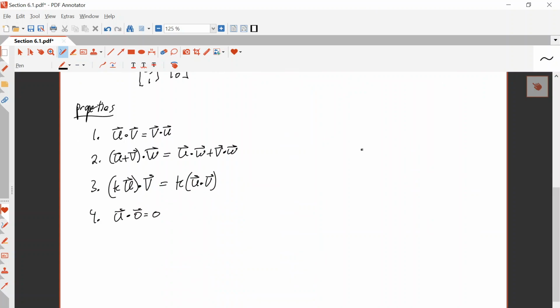And five, u dot u is bigger than or equal to 0, with u dot u equal to 0 if and only if u itself is the 0 vector. Okay? And it's bigger than or equal to 0 because you're taking the product of u with itself, so every term in the sum is a square, right?